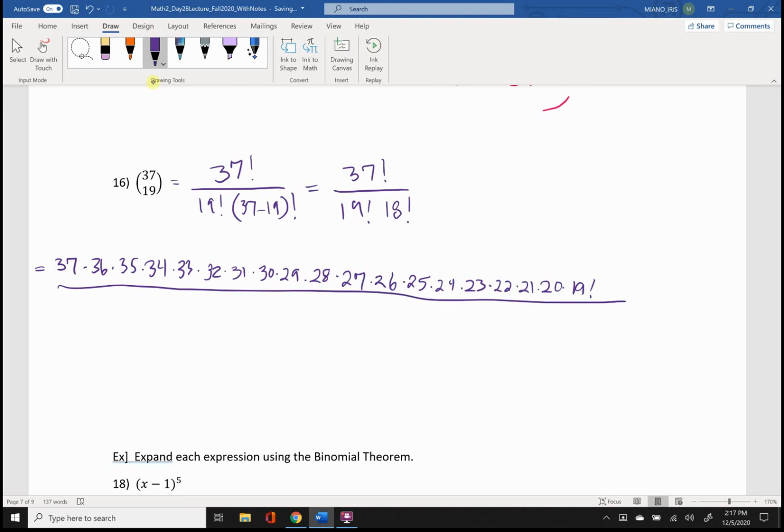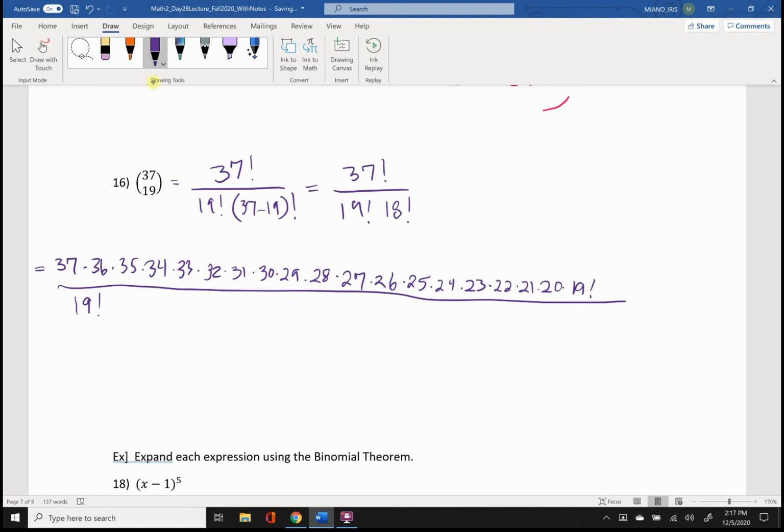I know, wild. And so on the denominator, we could just keep the 19 factorial there. You may be tempted to keep the 18 factorial there, but for this process, you're actually going to have to go ahead and expand that one out.